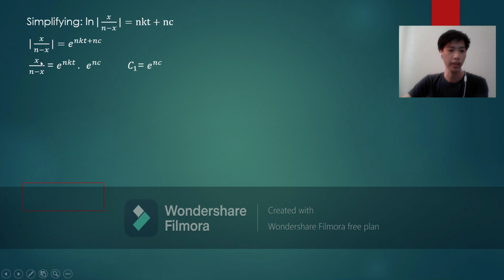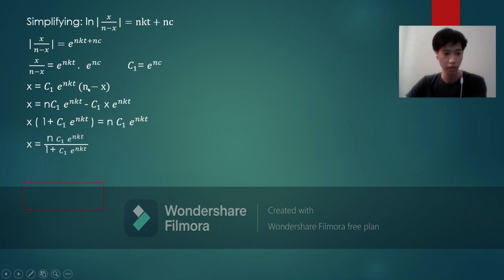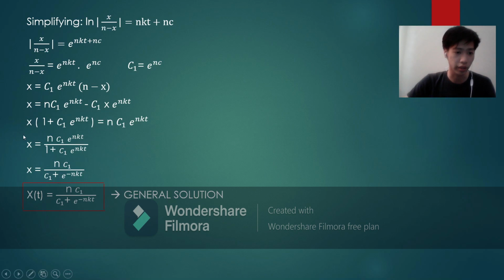So we put x over n minus x equal to e raised to nkt, and this term we can replace, c1 is equal to e raised to nc. So it turns to x equal to c sub 1 e raised to nkt times n minus x. So we can now obtain this expression x equal to n c sub 1 e raised to nkt over 1 plus c sub 1 e raised to nkt.